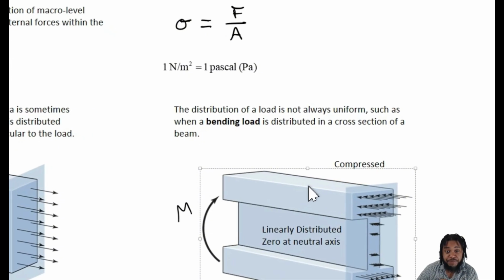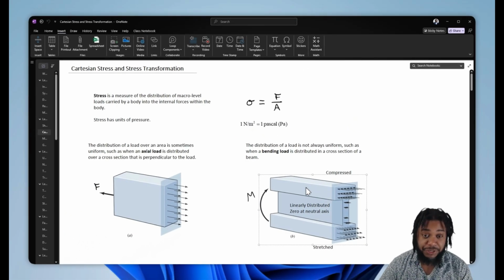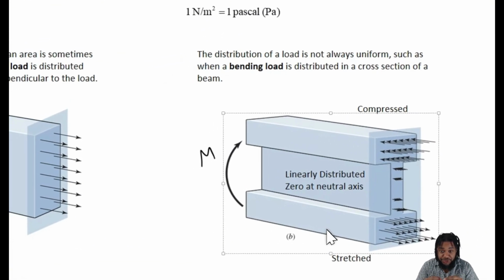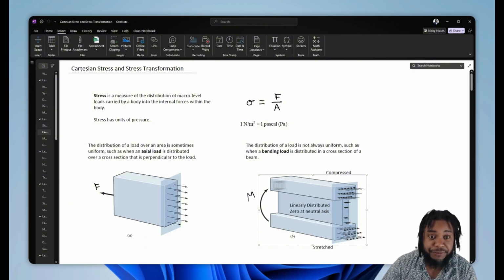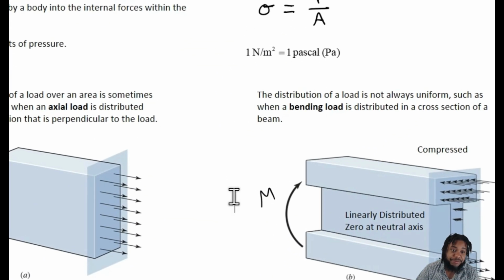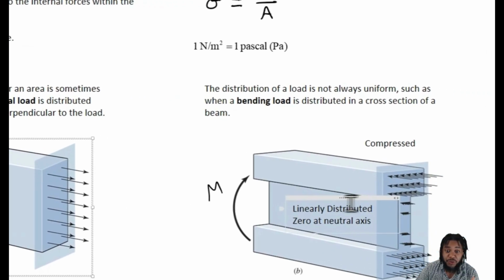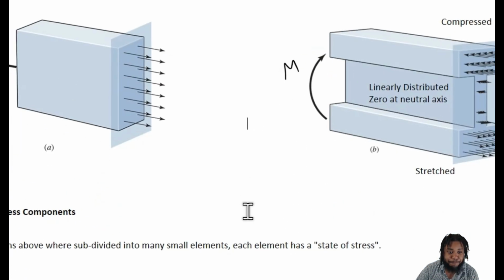While if we have a beam that's subject to a bending moment, instead of a uniform distribution of stress, we can have a non-uniform distribution. In terms of moments, a linear distribution where one side of the beam stretches and is in tension, and the other side of the beam is in compression, right? So stress can either be uniform or non-uniform in a body.